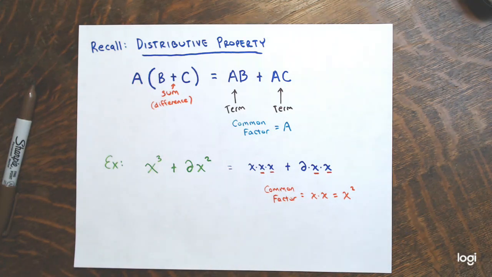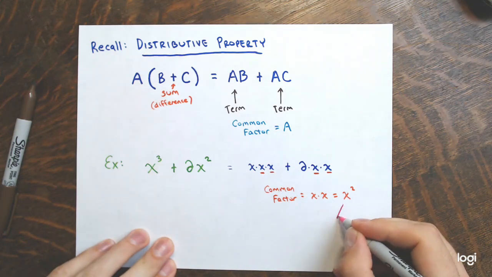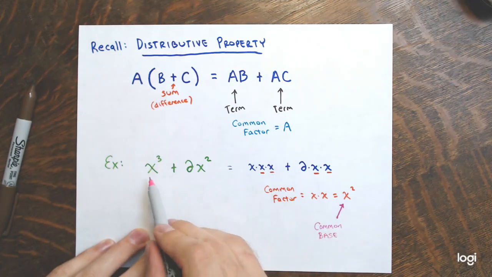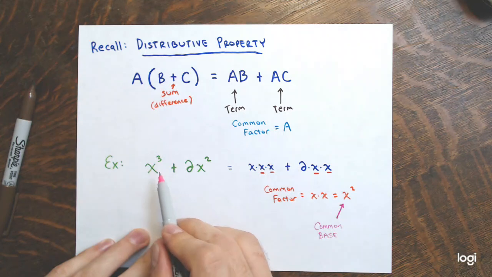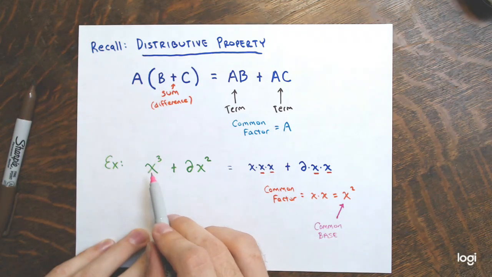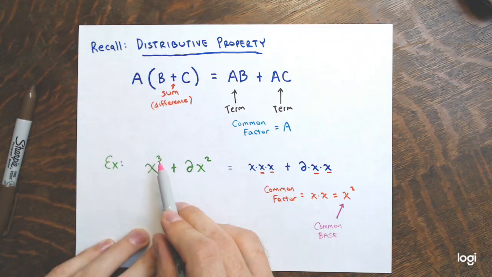Now, one way also to look at this x squared here, this is the common base that the two terms have in their products. Both of these terms have a part of the product that has a base of x to some exponent.